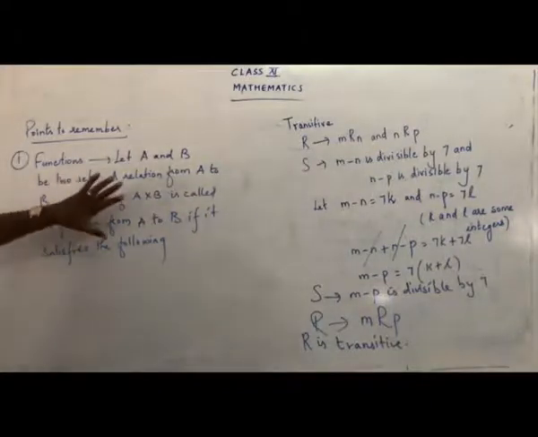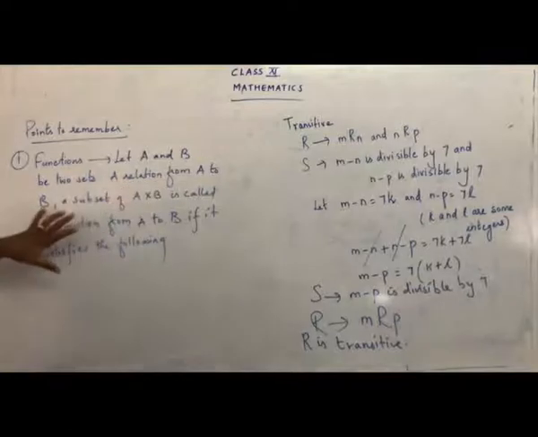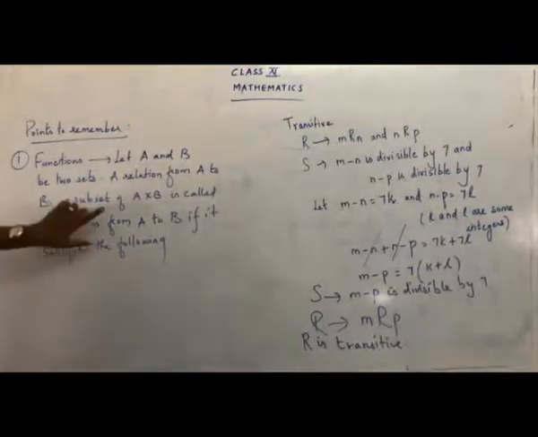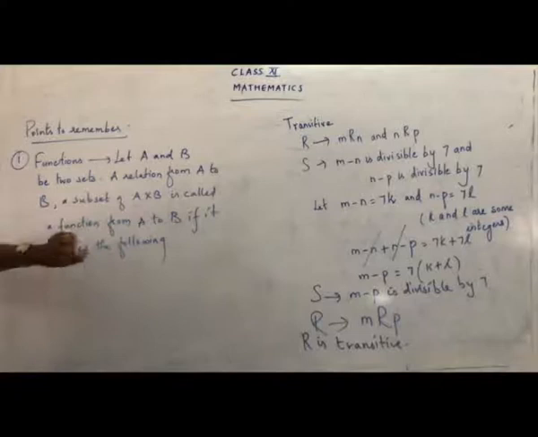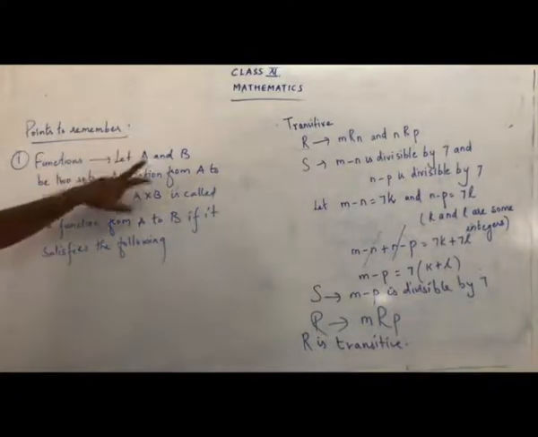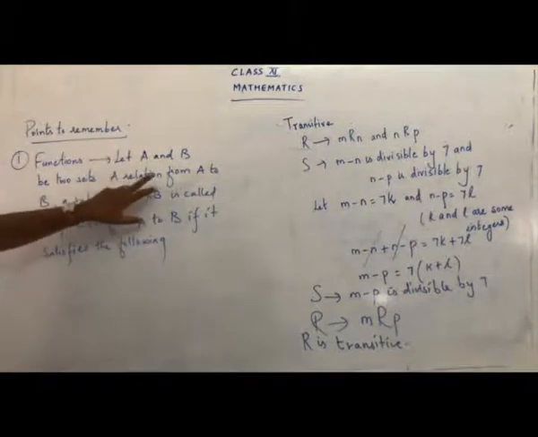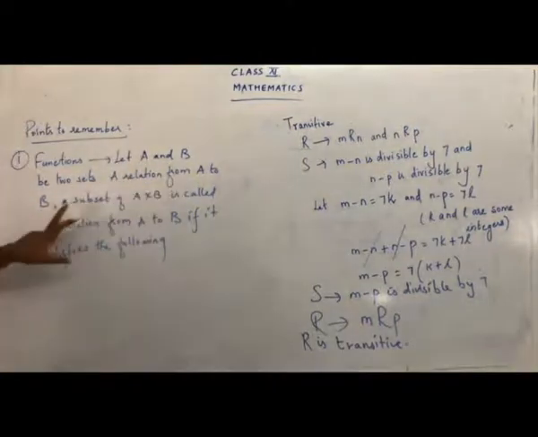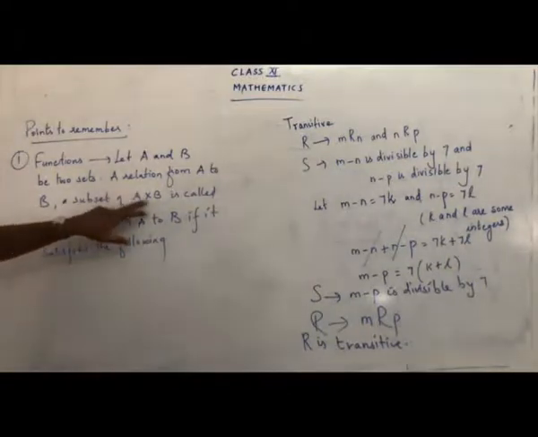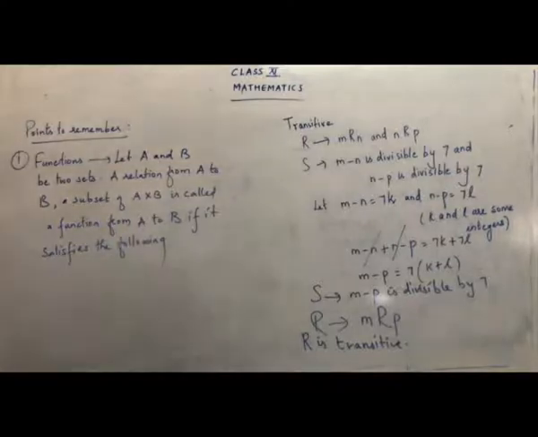and B. A relation from A to B should be a subset of A cross B. That is, you take the Cartesian product of A and B, and choose the pairs from the subset of A cross B. The members should be from A cross B, and it should also satisfy the following condition.